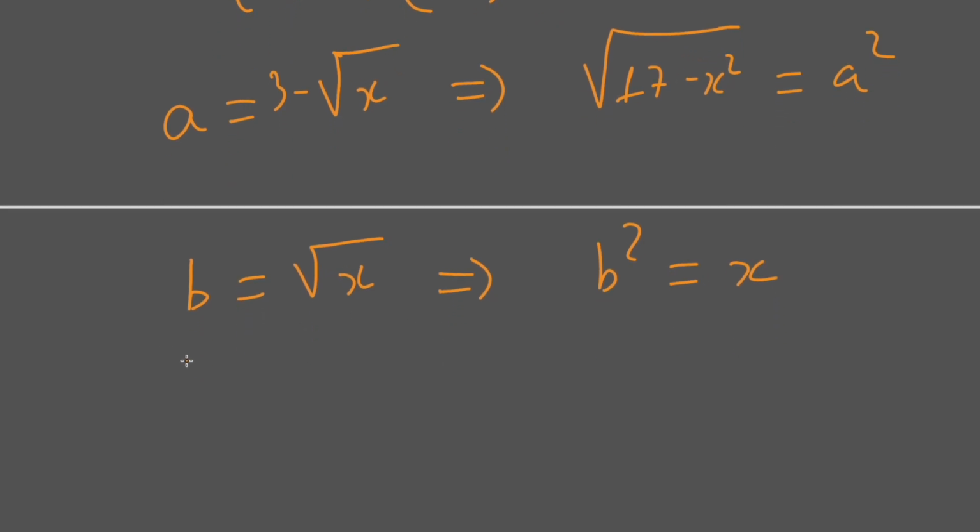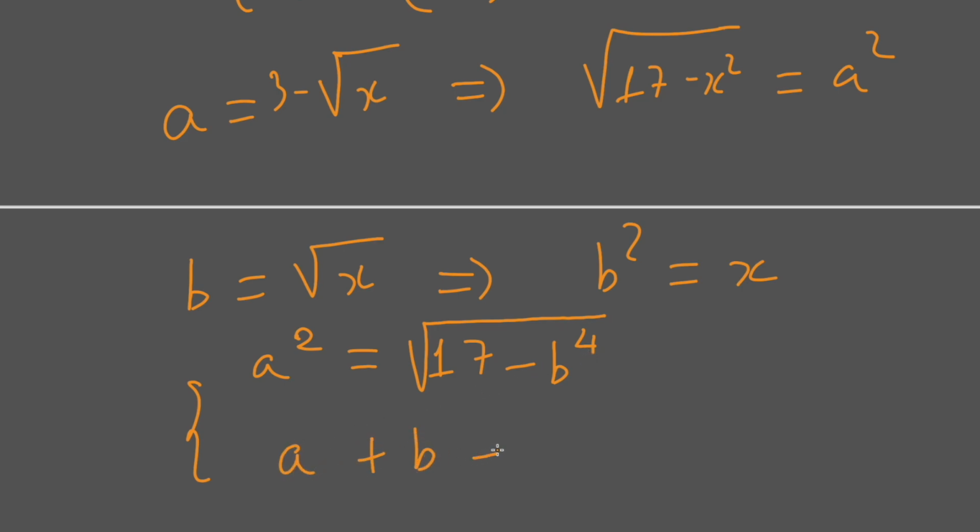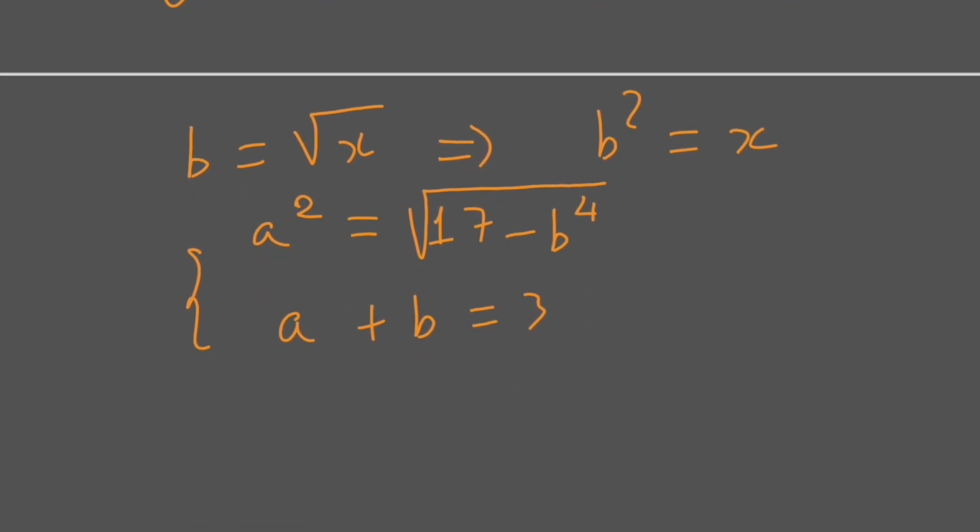And combining the substitution variables, you will have a squared equal to 17 minus p power 4, and a plus p equal to 3.